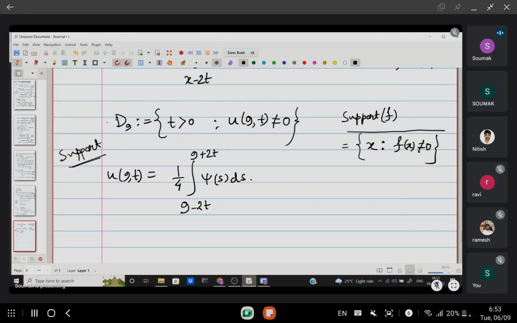So here you have to find exactly the support. Please note this down or remember it: the support of f is the closure of the set for which f(x) is non-zero.